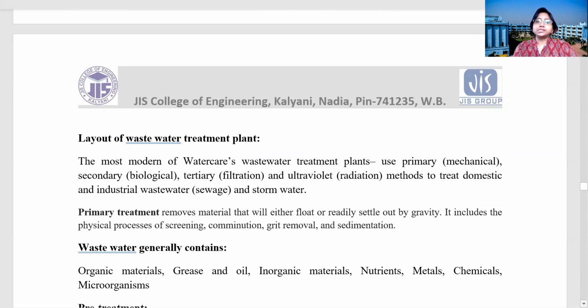And next is the tertiary treatment. There are lots of other treatments like ultraviolet methods, where ultraviolet radiation is given. So the main part is these three: primary treatment, secondary treatment, and tertiary treatment.